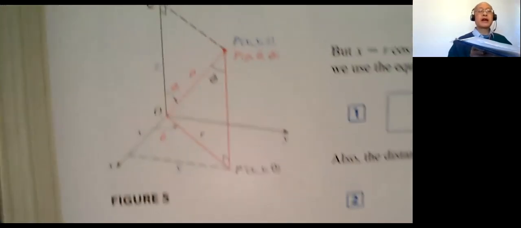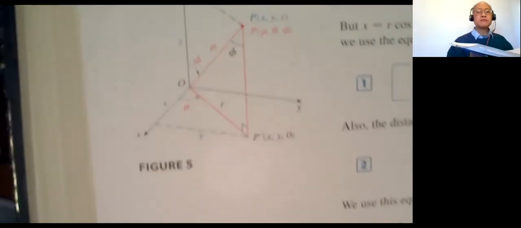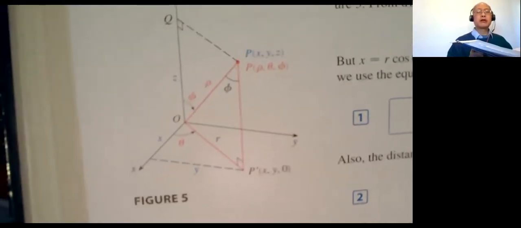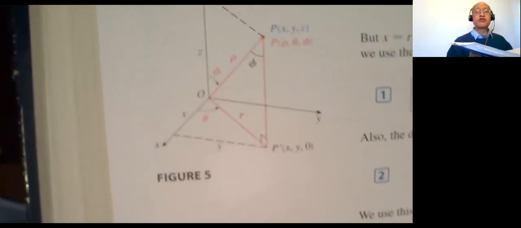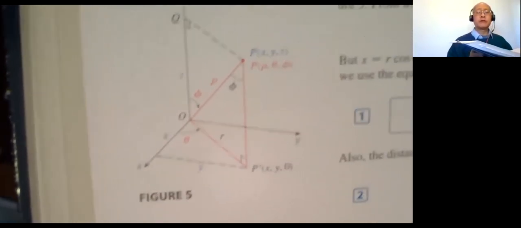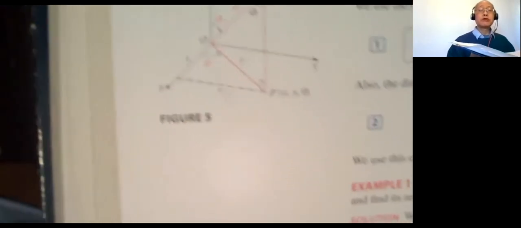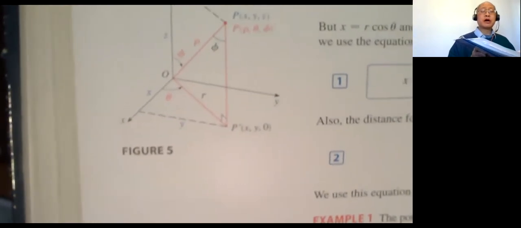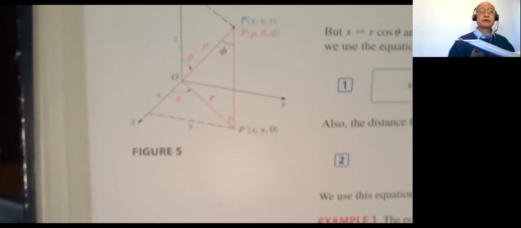It's because those two angles are alternate interior angles. Do you remember from high school geometry? If two parallel lines are cut by a transversal, alternate interior angles are congruent. Remember anything like that from high school geometry? So see the two phis, one's in black and one's in red, they're congruent because they're alternate interior angles. You see rho there. Okay, see the r down at the bottom? That's the same as the r that we had in cylindrical coordinates, right? So you see r there.